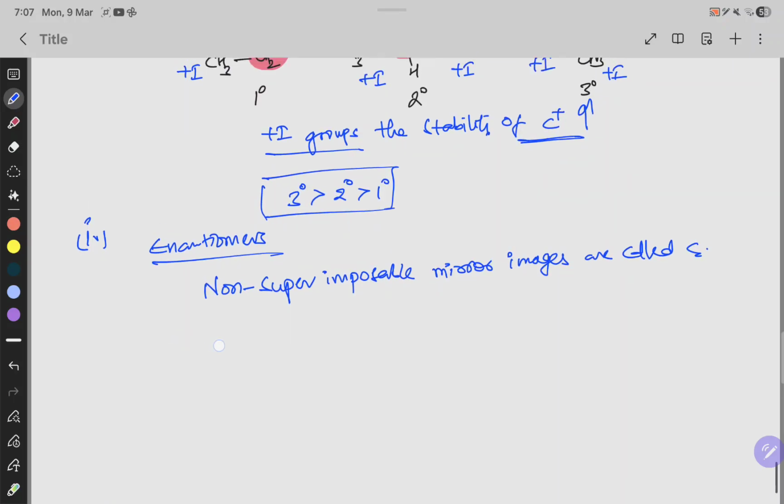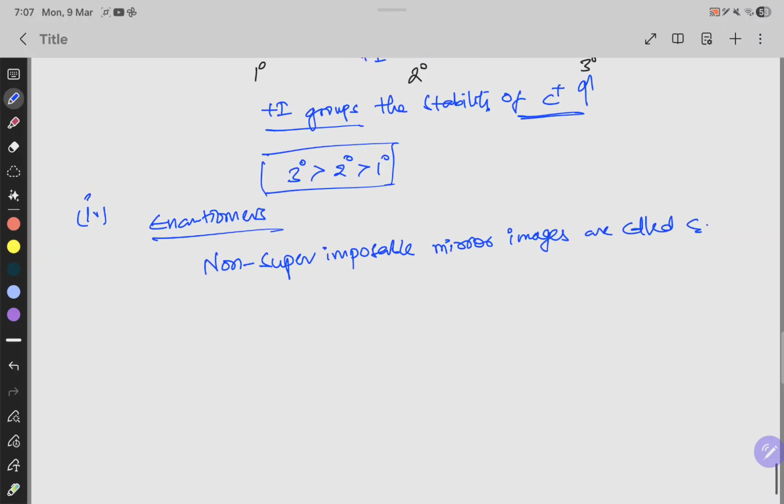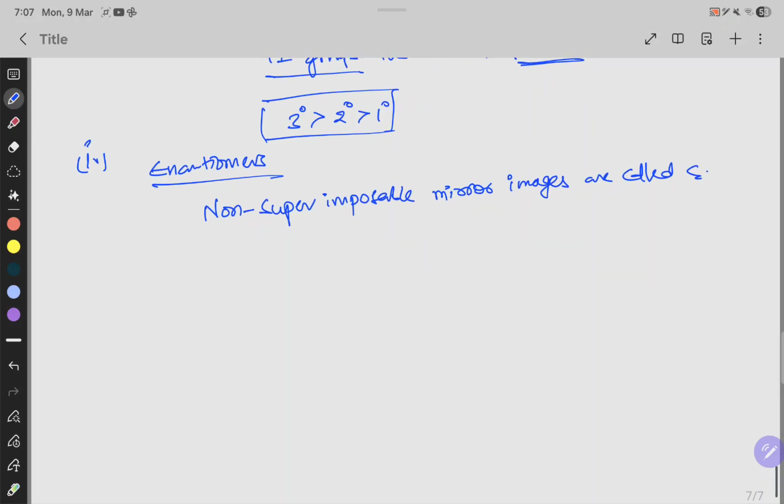So to have an enantiomer, the compound must have a chiral center. What is meant by a chiral center? A carbon atom which is directly attached to 4 different groups of atoms is called a chiral center, right?